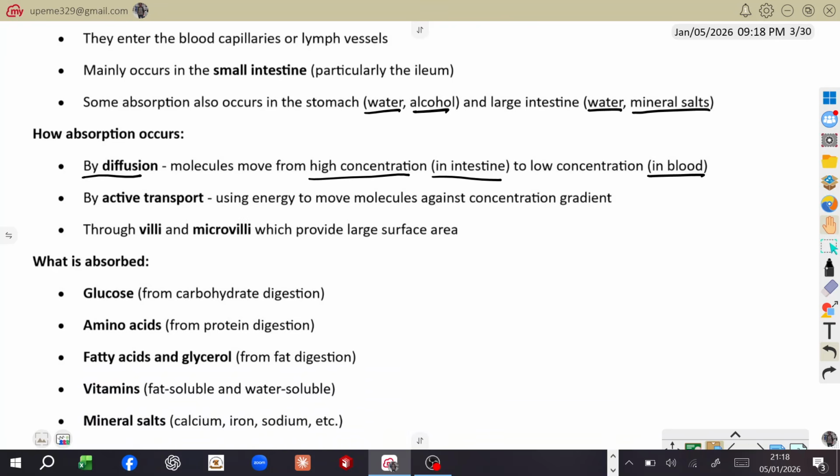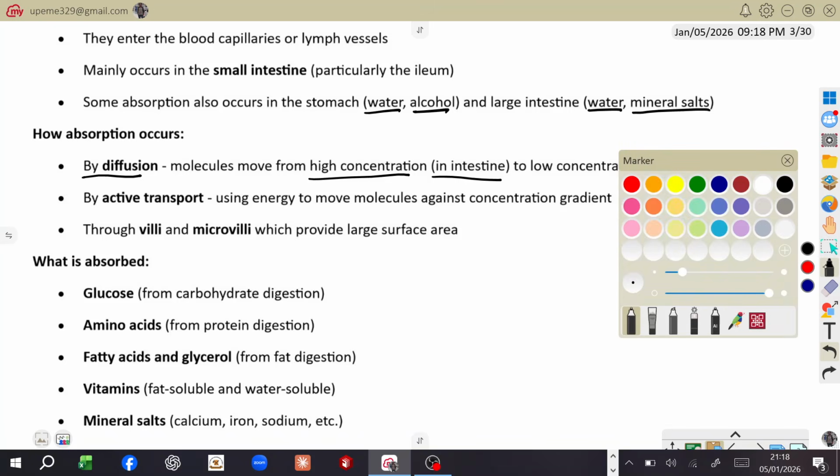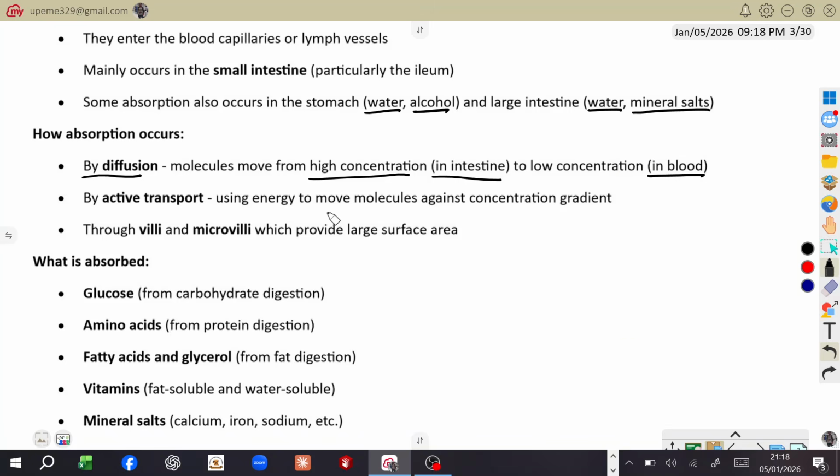Then another way is active transport, using energy to move molecules against a concentration gradient. Sometimes food has to move by active transport. This happens when the concentration of food nutrients is higher in the bloodstream than in the small intestine. Despite that, food has to continue being moved into the bloodstream.